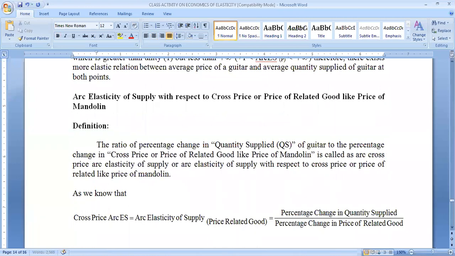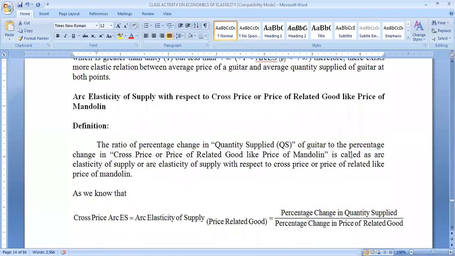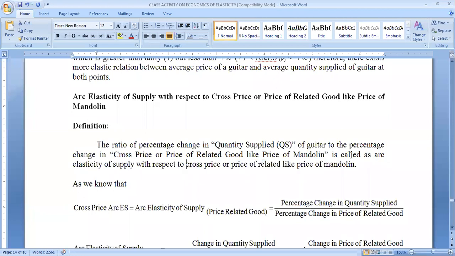arc elasticity of supply with respect to cross price or price of related good like price of medaline.